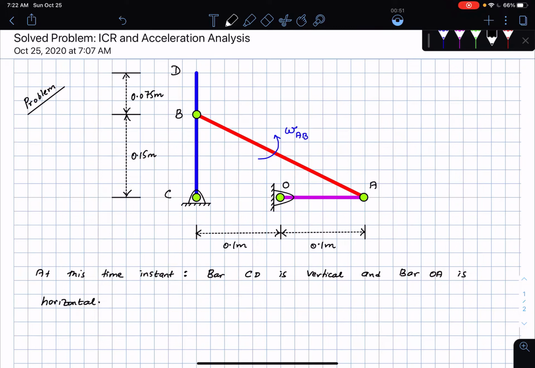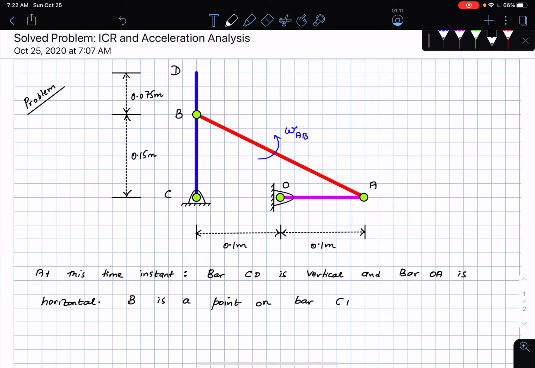Okay, and you're told that the angular velocity of the bar AB, where B is a point on the bar CD as well. Okay, so let me write that down. So B is a point on the bar CD. Okay, and let me write my D carefully.